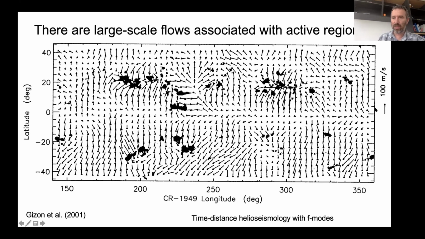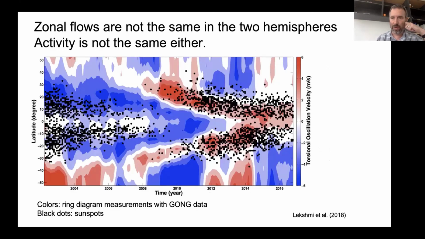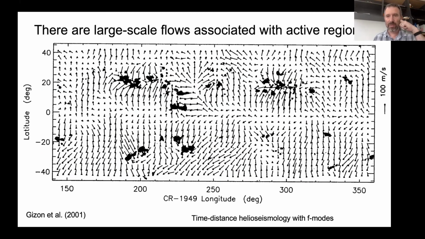This is 100 meters per second. And just for reference, if you go back to this previous figure, the color scale is plus minus 6 meters per second. So these individual flows around active regions are quite a bit stronger. And then when you make these azimuthal averages to make a figure like the previous one, you get much smaller numbers.